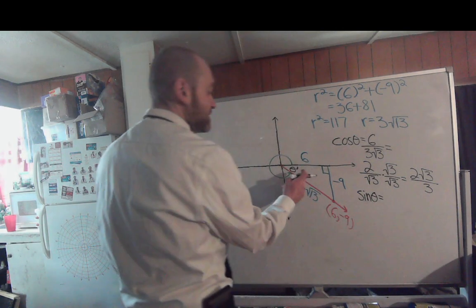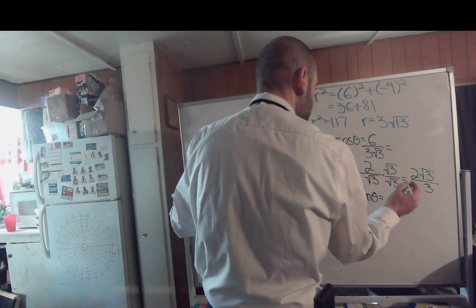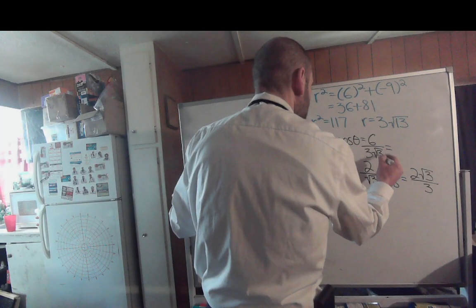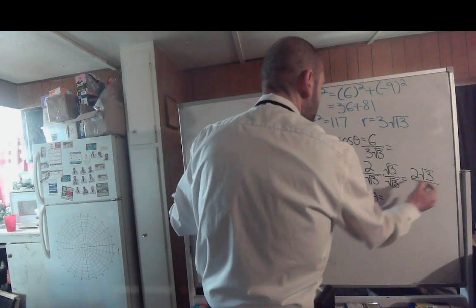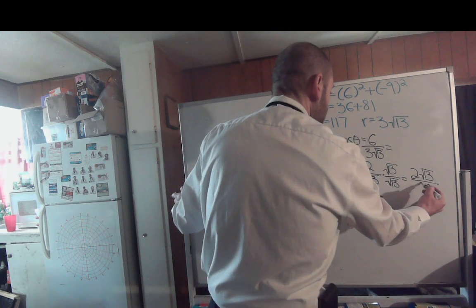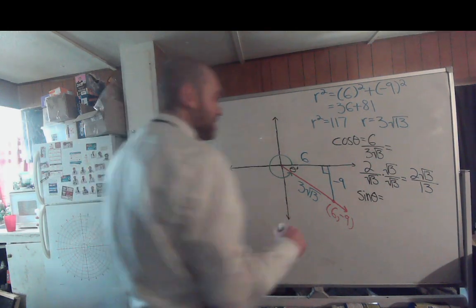Sine of theta is opposite over hypotenuse. You know what? This should be 13, excuse me. The square root of 13, I don't know where I got that 3 from, but it's still the same idea. 2 times the square root of 13 over 13. So, pardon me.